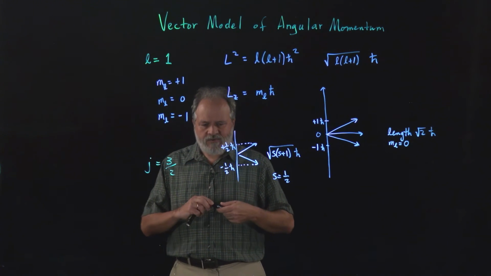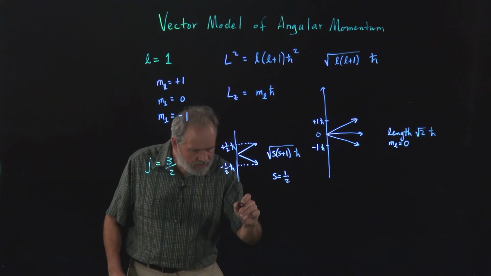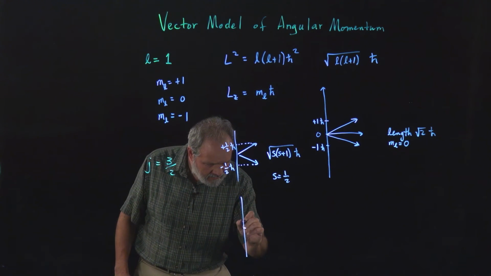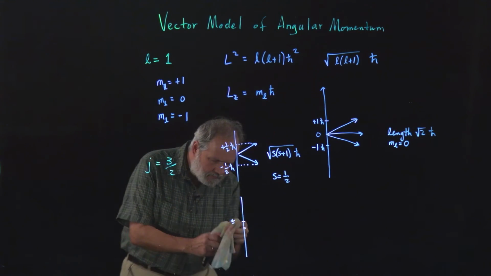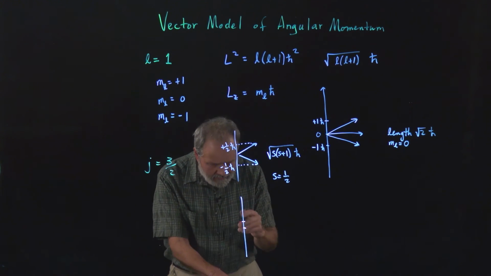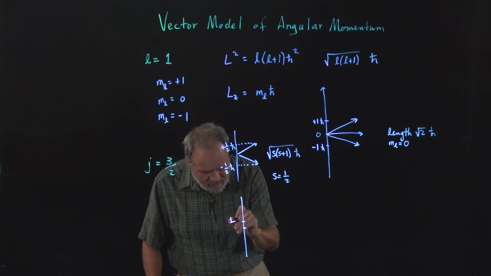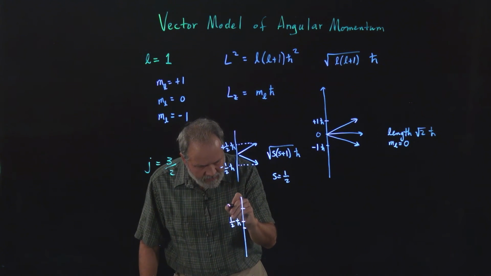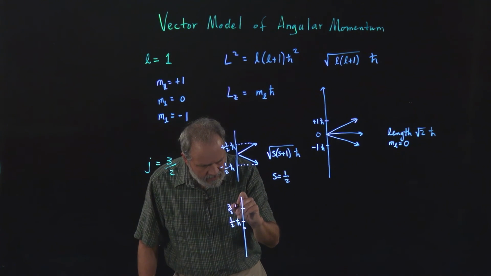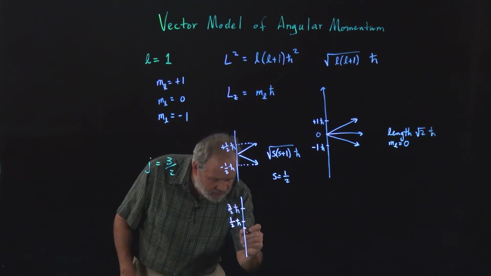Okay, what about j equals 3/2? Well, with j equals 3/2, the steps are integers with half integer components.